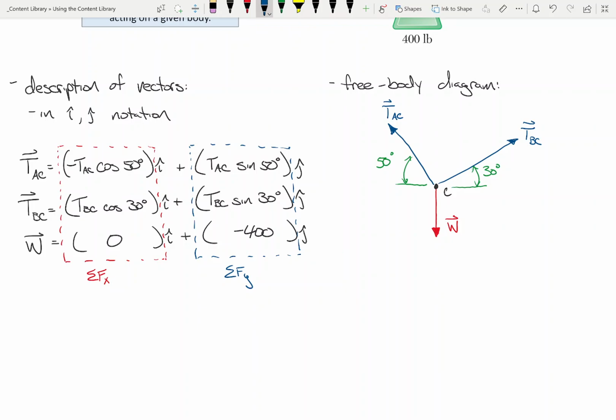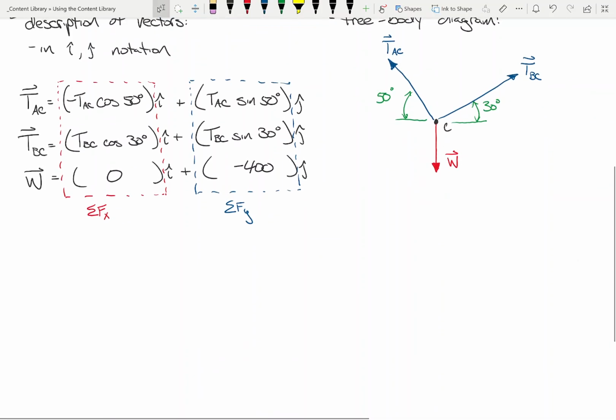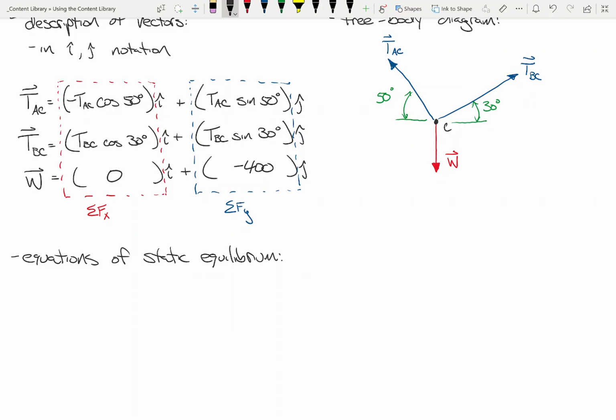So if I now look at it that way, I can now start applying equations of static equilibrium. So what do equations of static equilibrium mean? If I add up everything in the red box, what should it equal? 0, right?